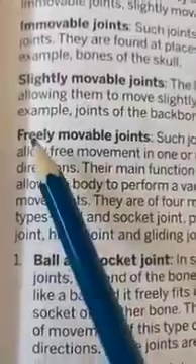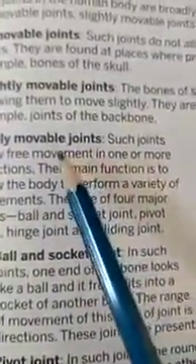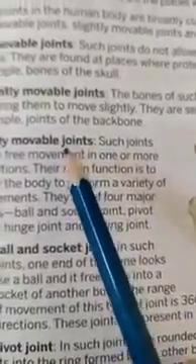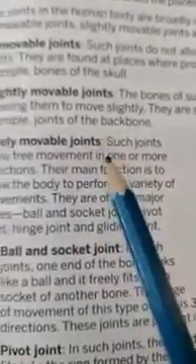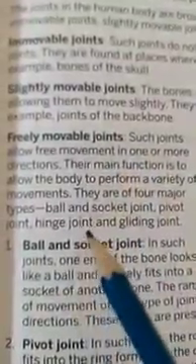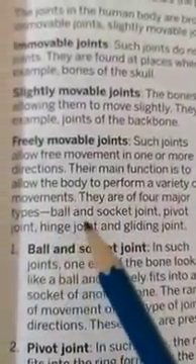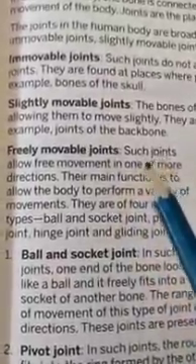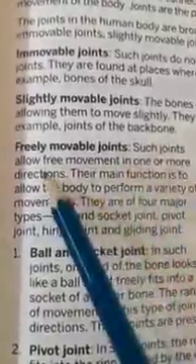Dear students, now come to the third, that is the freely movable joint. Most of the joints in the human body are freely movable. Movable joints can be further classified into different types. As we discuss further, the ball and socket joints, pivot joints, hinge joints, and gliding joints. Such joints allow free movement in one or more directions.